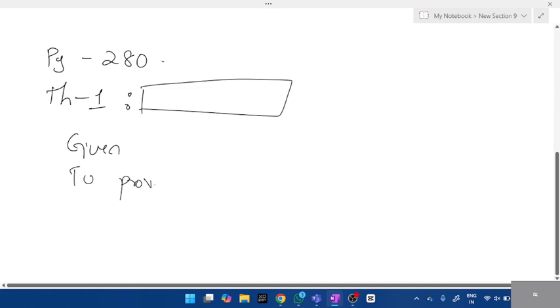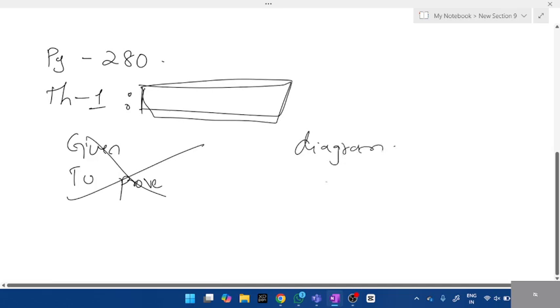Angle subtended by. Yeah, just go through theorem 1, students. Just the part they have given. Look, given, to prove. I want you to go through what is given there. Theorem 1 and the diagram.